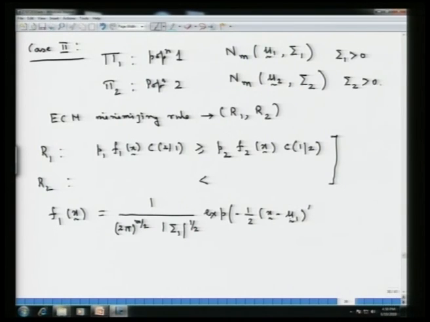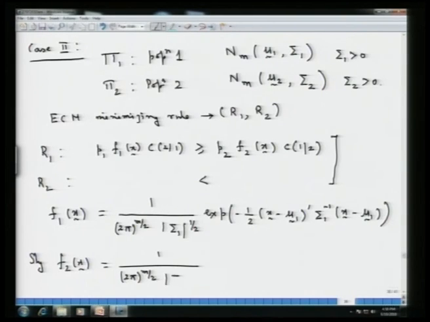So, f1(x) involves exp of minus half x minus mu 1 transpose sigma 1 inverse x minus mu 1, and similarly f2(x) is 1 upon 2 pi to the power m by 2 determinant of sigma 2 to the power half, e to the power minus half x minus mu 2 transpose sigma 2 inverse x minus mu 2.